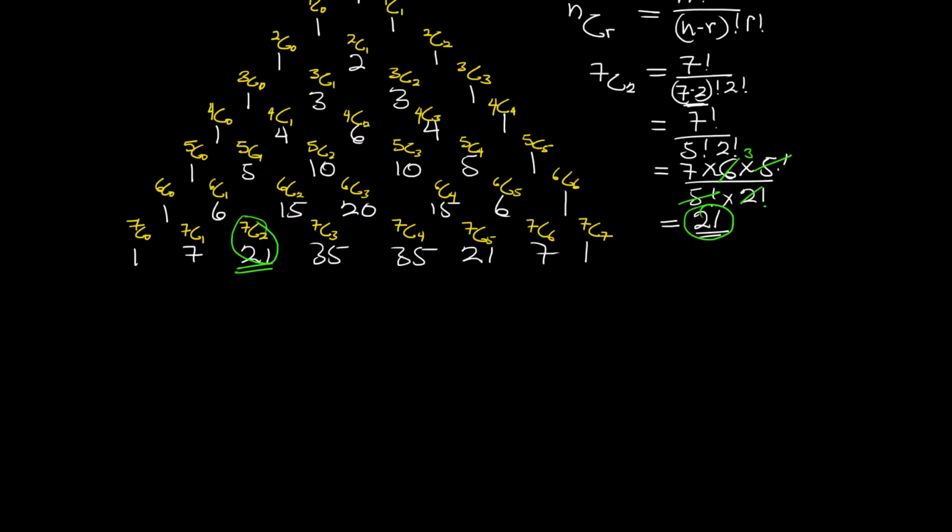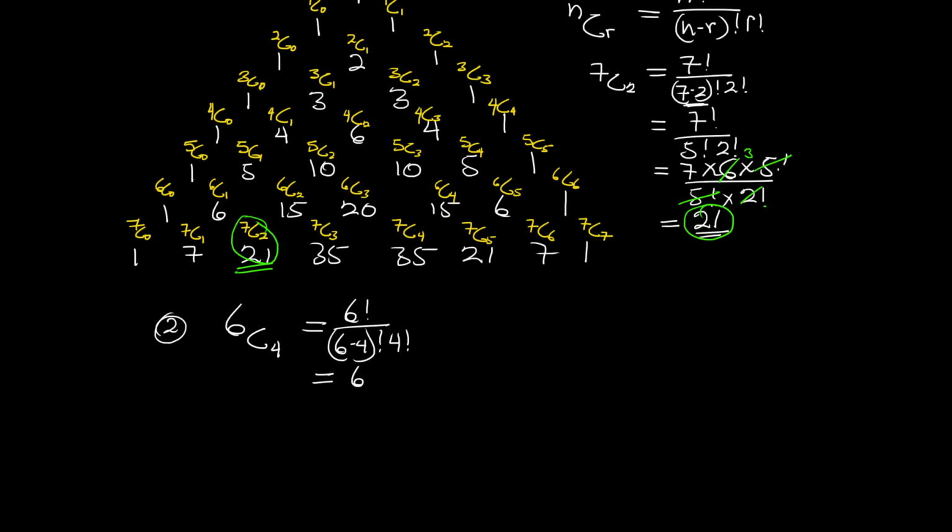Okay, let's take another example. Example 2, we say 6 combination 4. This is equal to 6 factorial over 6 minus 4, all factorial, times 4 factorial.